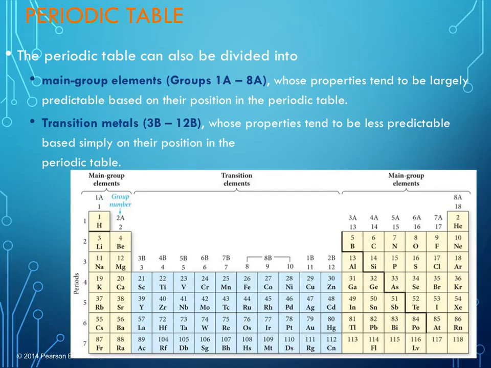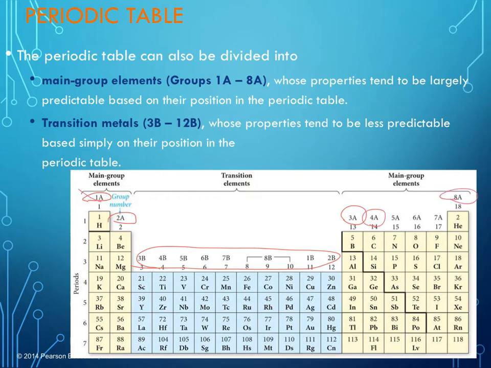Now for some terminology. If you look at a periodic table, there are actually 2 numbering systems that are common. The older one is the AB system, 1A, 2A, and I want you to ignore these transition metals for now. And then it picks up 3A, 4A, all the way to 8A.